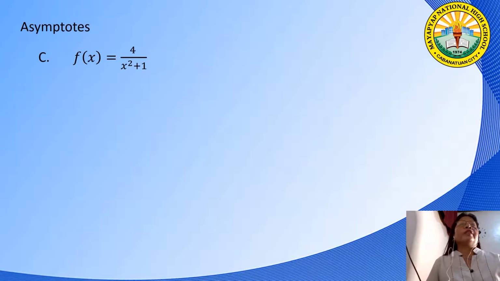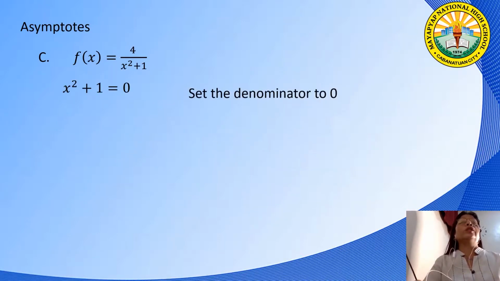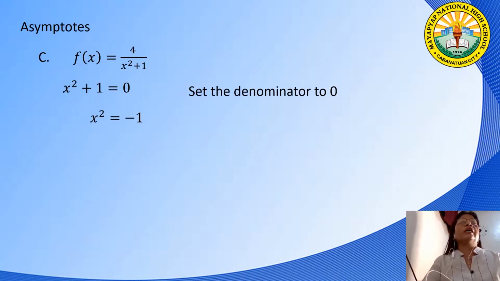For f of x equals 4 over x squared plus 1, again, to find the vertical asymptote, you first factor the given function. But in our example, there is nothing factorable, so the second step is to set the denominator to 0. Our denominator is x squared plus 1, equate to 0, then solve for the value of x.